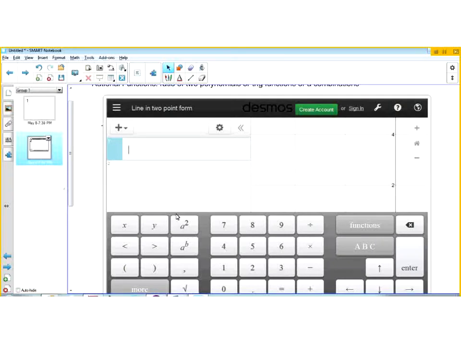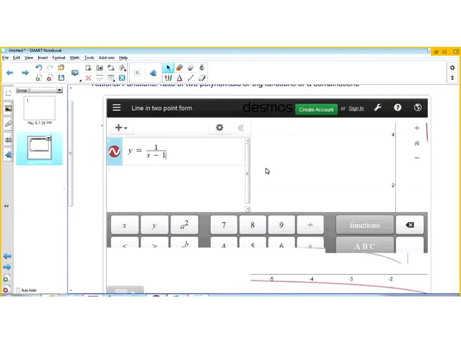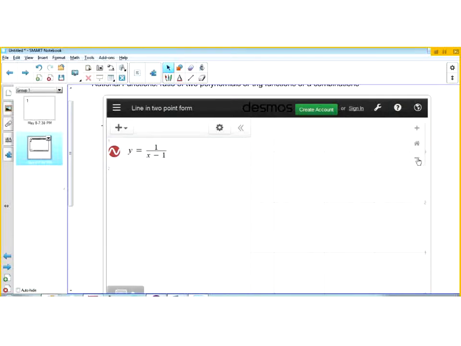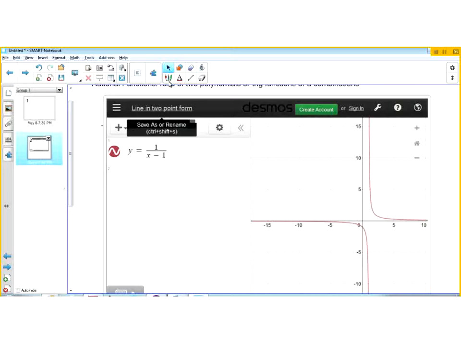All right, so let's consider y is equal to one divided by, say, x minus 1. Okay, this will be an example of a rational function. And its graph would look something like this. It's basically a hyperbola, right, with a vertical asymptote at x equals 1.